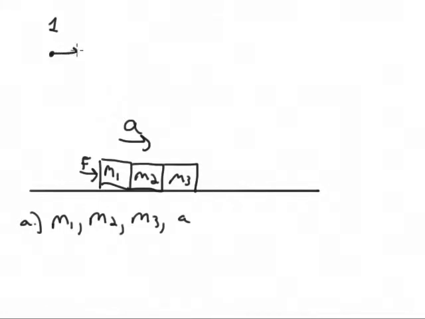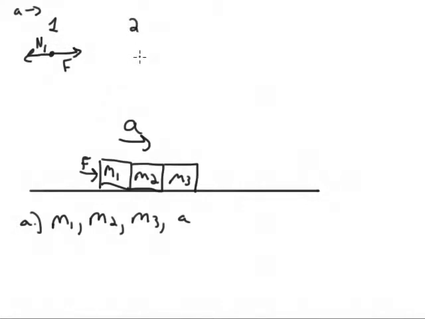We'll have F moving to the right, and then if M1 is pushing up against M2, then M2 is pushing back on M1, and the notes called that force N1. And the acceleration is to the right, so that means that anything pointing to the right is positive.